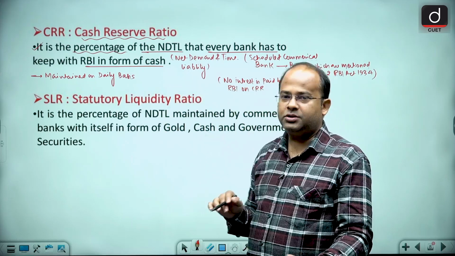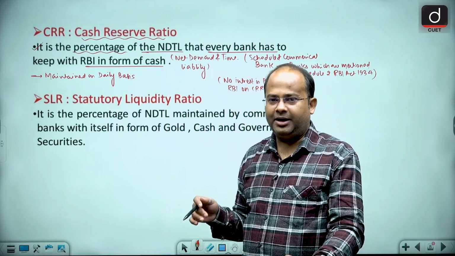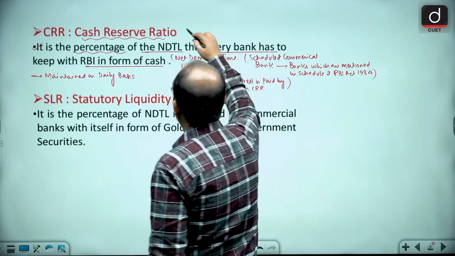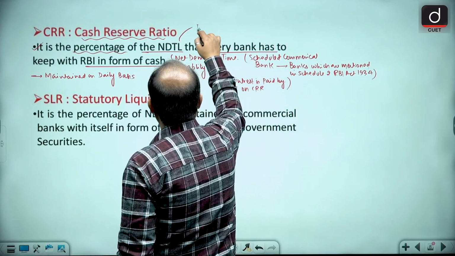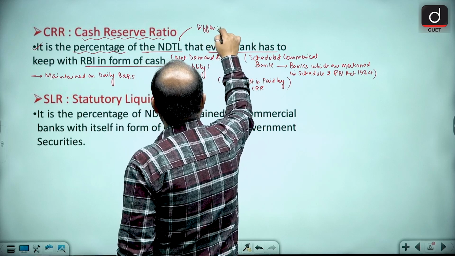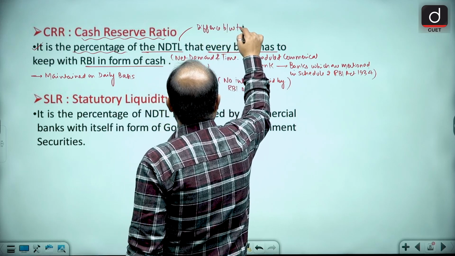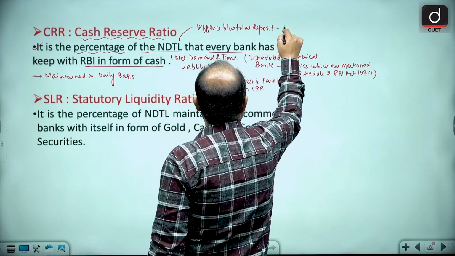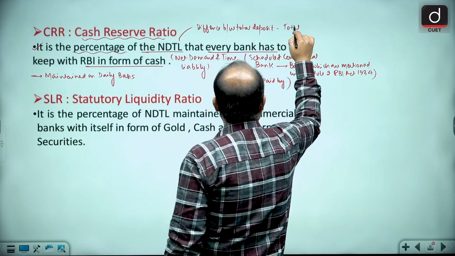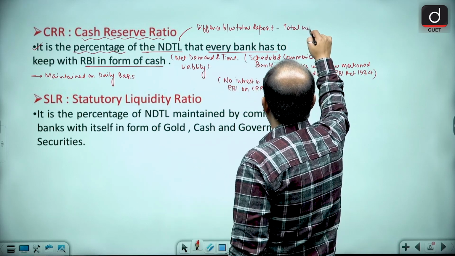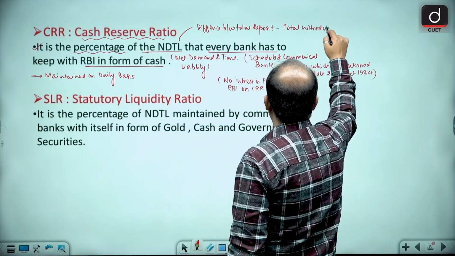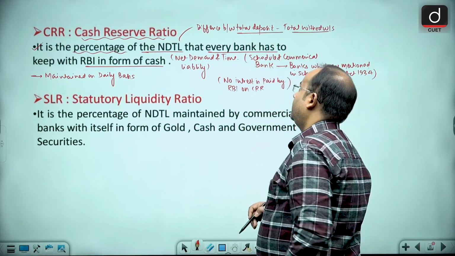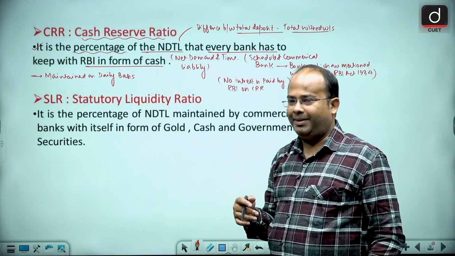So first of all guys, what is NDTL? That is net demand and time liability. First of all guys, NDTL means the difference between total deposits minus total withdrawals by a bank in a day.